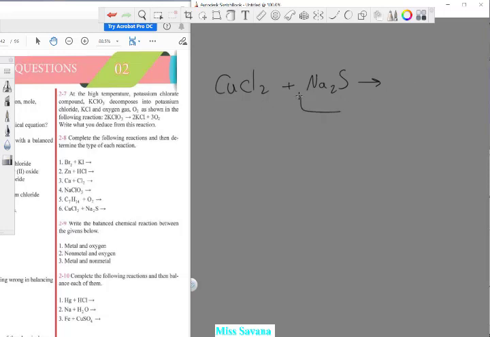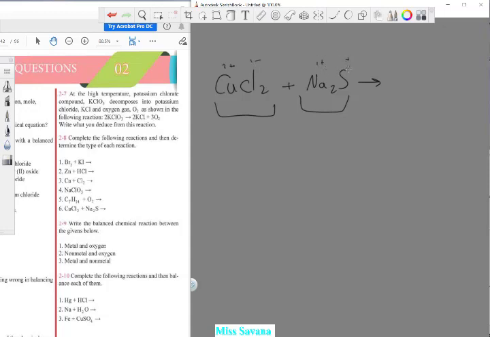So you're going to have 2 compounds. Since you have 2 compounds, the type of the reaction is double displacement, because it's a compound with a compound. So the Cu is the plus part and this is the negative part, the anion part. This is also the anion part.